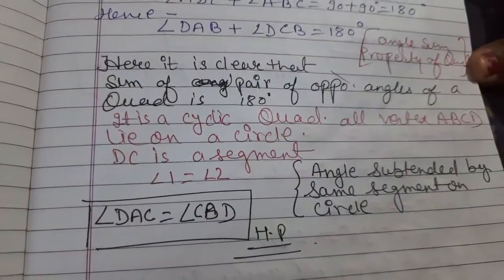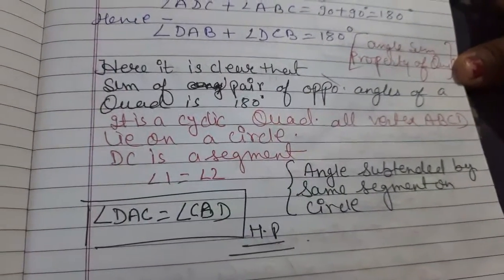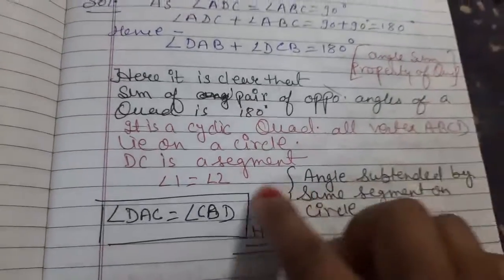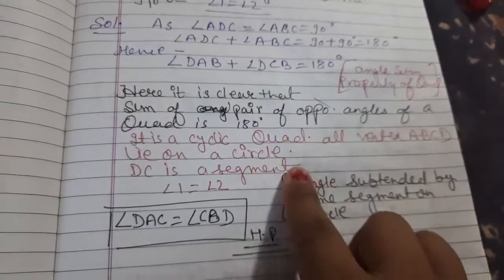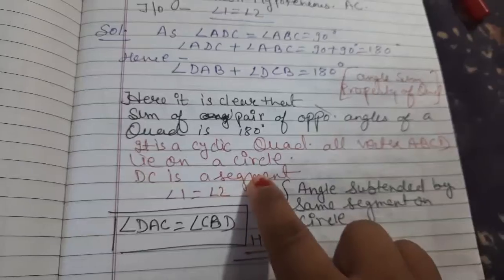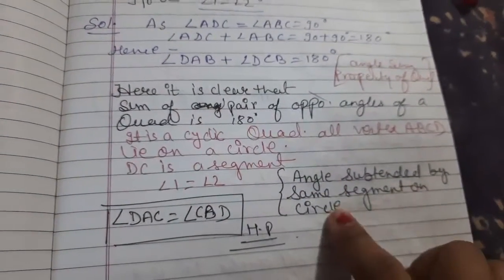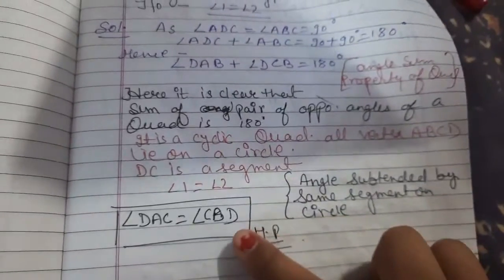So when the pair of opposite angles is equal to 180 degrees, it will be a cyclic quadrilateral. Cyclic quadrilateral means all the 4 vertices lie on a circle. So DC is a segment, angle 1 will be equal to angle 2, angles subtended by the same segment of the circle.